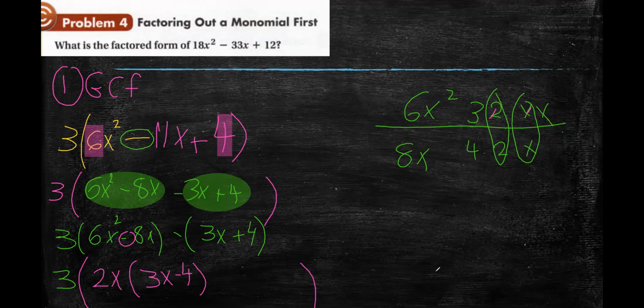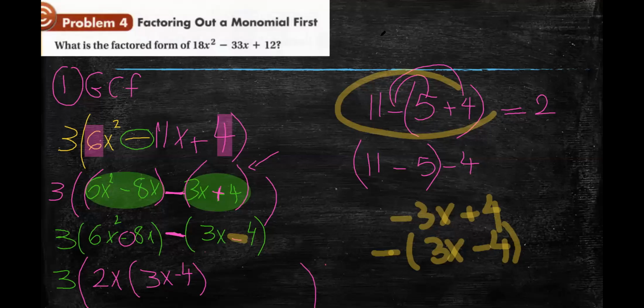Now, look here. Since now we have a minus sign, wait please, we have a 4. So here it has to be 3x minus 4. Now then continue. Minus 3x minus 4.